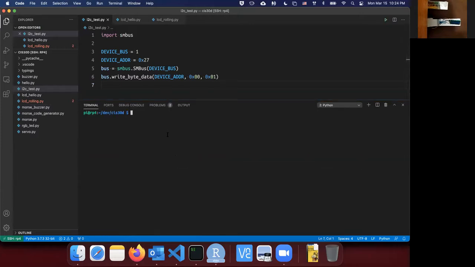So first of all, this device is connected, right? So when it comes to I2C, every device has an address. This address is represented by a 7-bit number.